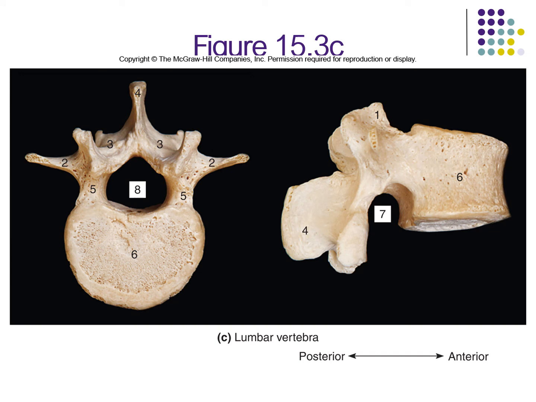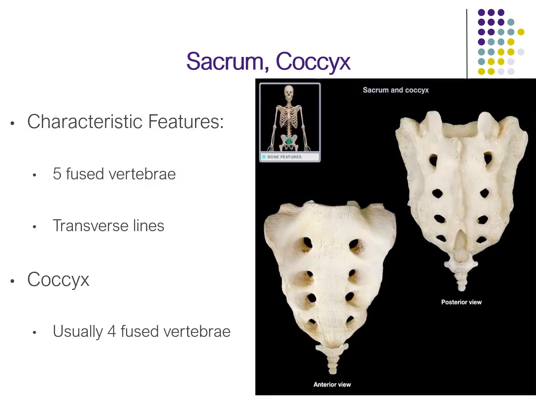So this is another view of the lumbar, the sacrum, and coccyx. So the sacrum is composed of 5 fused vertebrae. However, it is one item because they are fused. So if I'm asking how many vertebrae, you will put 7 cervical, 12 thoracic, 7 lumbar, 1 sacrum, 1 coccyx.